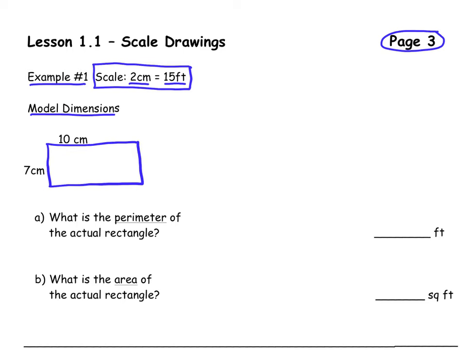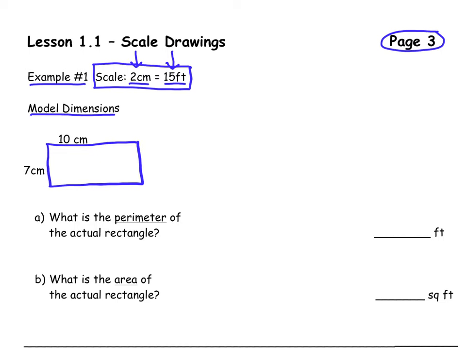So you will always get a scale with any kind of proportional drawing, whether that drawing is a map or a blueprint. The first dimension represents the blueprint, the map, or in this case, the model. The second dimension represents the actual, real world dimension.